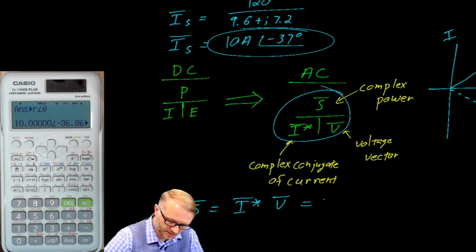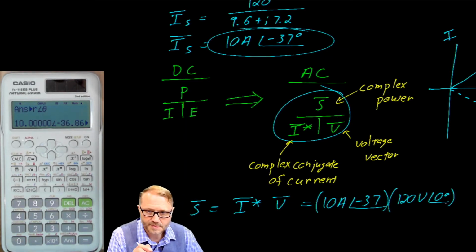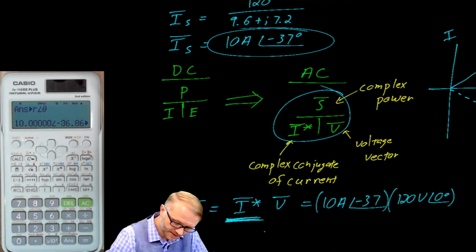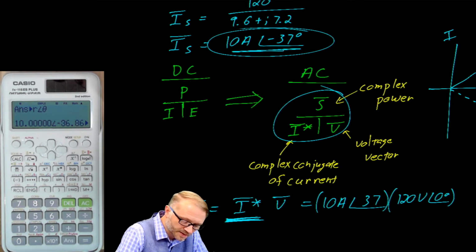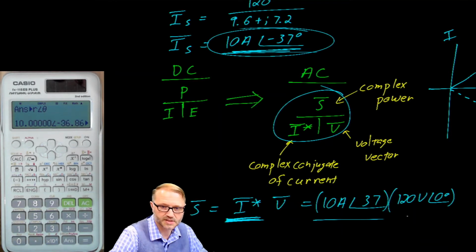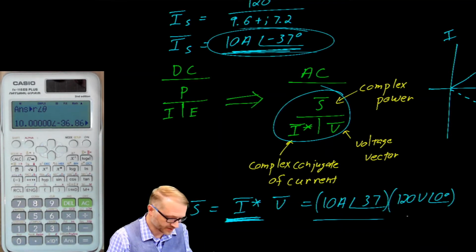Our current was 10 amps at a phase angle of -37, and our voltage was 120 volts at a phase angle of 0 degrees. Now, I just made a mistake. Do you see it? We're supposed to use the complex conjugate of current, and I mistakenly wrote this with the wrong sign. You notice here that it's 10 at an angle of -37, which means the complex conjugate is going to be 10 at an angle of 37.